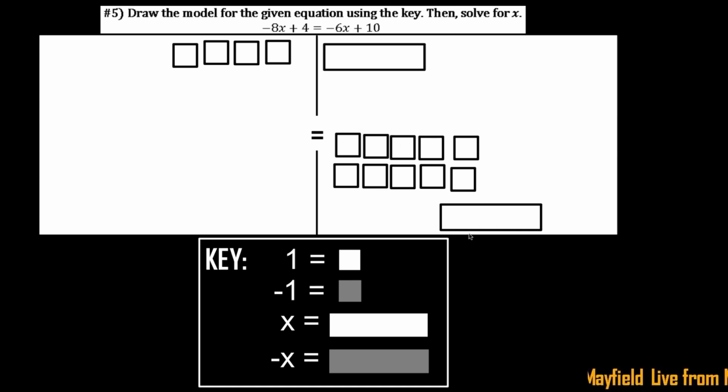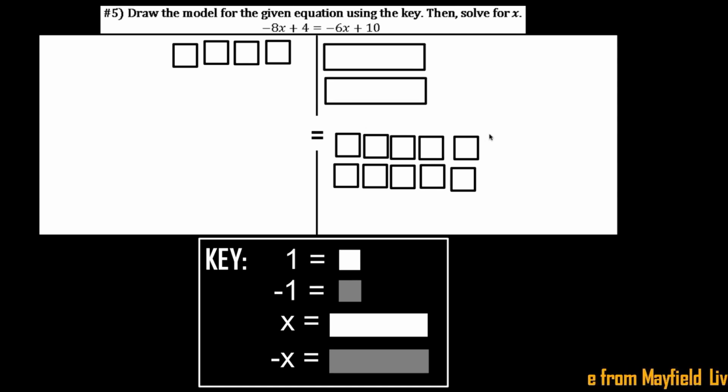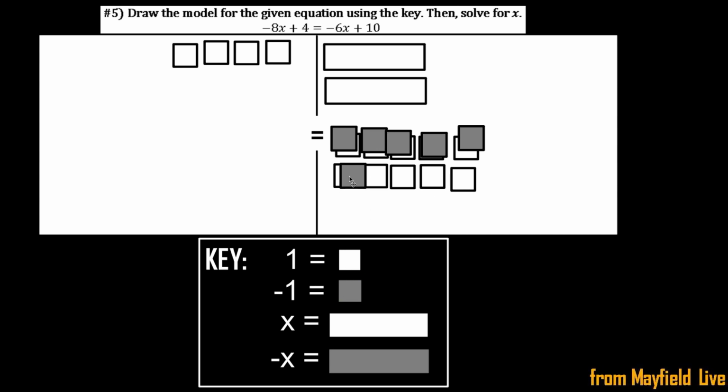Since I have my variables on this right side, I can now get my constants, or my 1s, to the left side. So I'm going to do just that. I'm going to add the opposite to both sides. So I'm going to add 10 negatives to both sides. Again, you can put them next to each other or on top, as long as you can make those 0 pairs, and that way you can still see them.